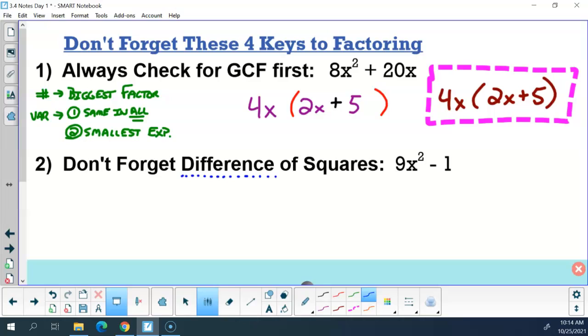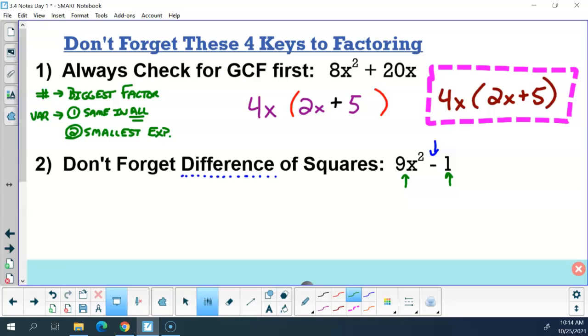So this sign right here, this operation right in there, has to be a subtraction in order to factor by the difference of perfect squares. Okay? Has to be a subtraction sign. If it's an addition sign there, can't factor by difference of perfect squares. Okay? The next part is that both of these terms have to be perfect squares.